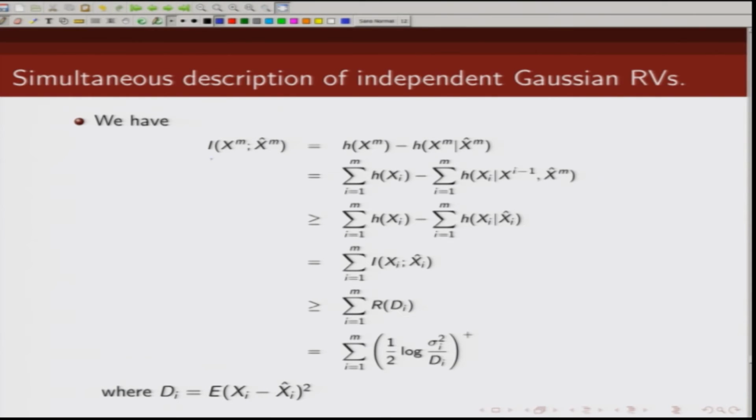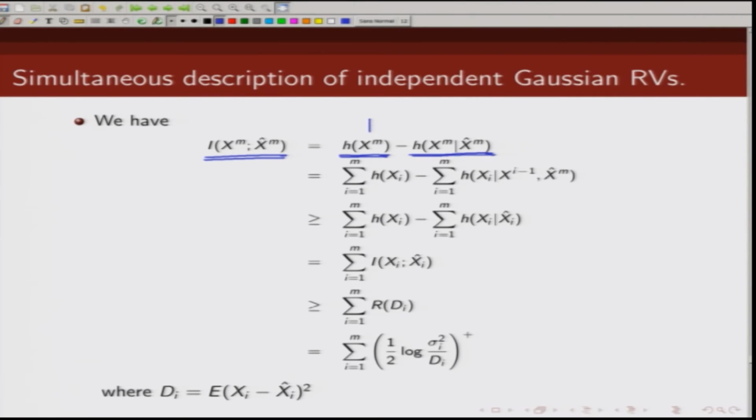So now let us look at mutual information between x^m and x hat of m. From the definition of mutual information, we can write it as the differential entropy of x^m minus the differential entropy of x^m given x hat of m.